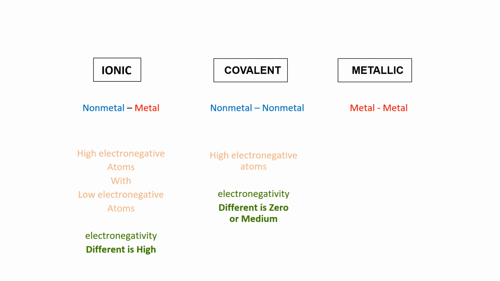In metals, the atoms normally have low electronegativity and the difference is very low. If the metallic bond is within a single pure metal, the electronegativity difference is 0. That is the pattern in which ionic, covalent and metallic bonds appear.